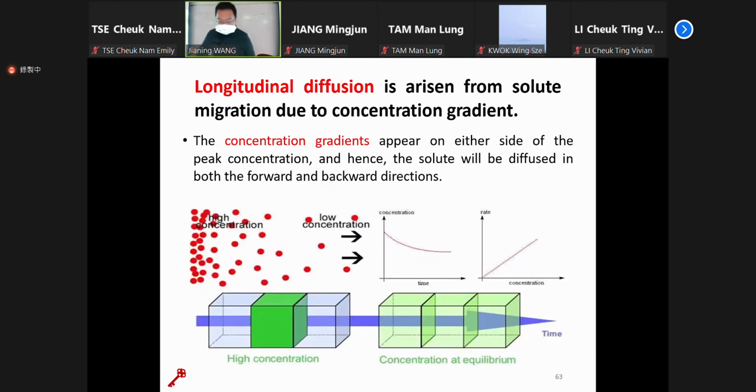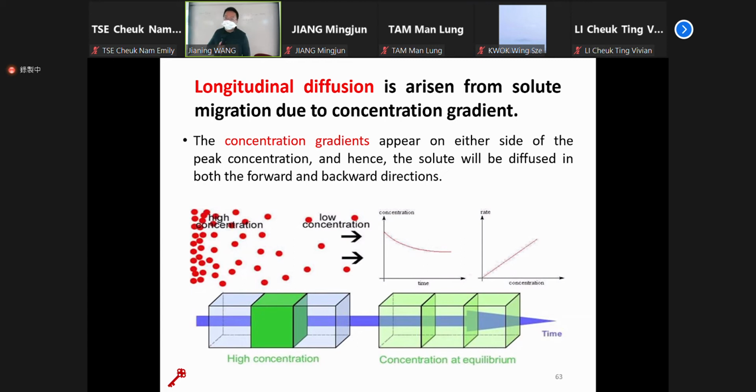Okay, now let's discuss term B, longitudinal diffusion. It arises from molecular migration due to concentration gradient. So from this view, we should say for any kind of column, the band broadening is unavoidable, right?